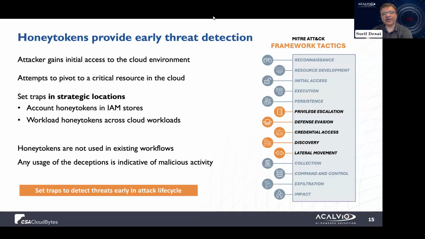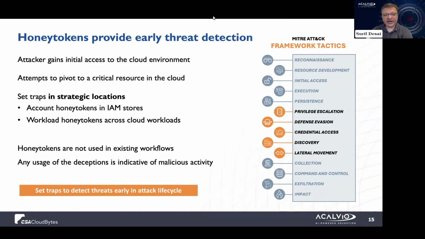The benefit of honey tokens is being able to provide early detection of threats. The attacker gets initial access to the cloud environment, and as we saw earlier in the discussion, the attacker will attempt to pivot towards a critical resource in the cloud.